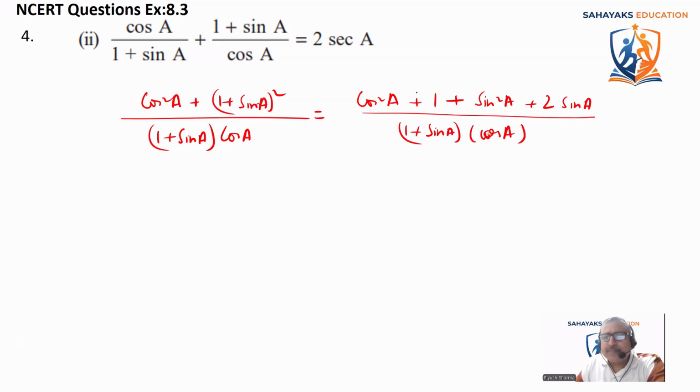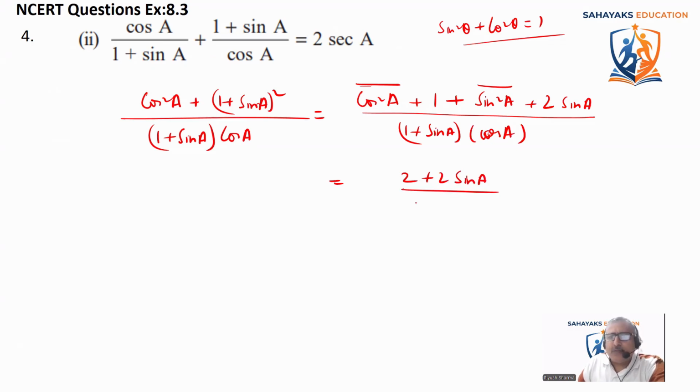So it becomes cos square A plus sine square A. Cos square plus sine square is equal to 1. So we know the formula: sine square theta plus cos square theta is equal to 1. So it becomes 1 plus 1, which is 2, plus 2 sine A, divided by (1 plus sine A) into cos A. So here 2 is common.